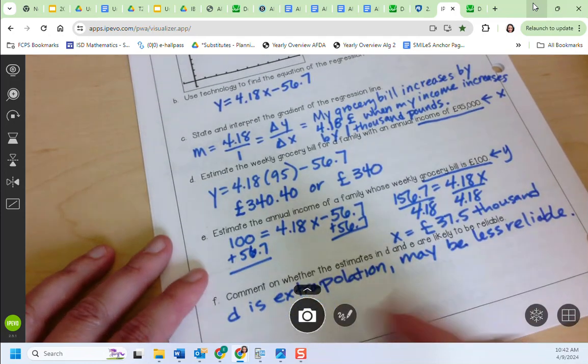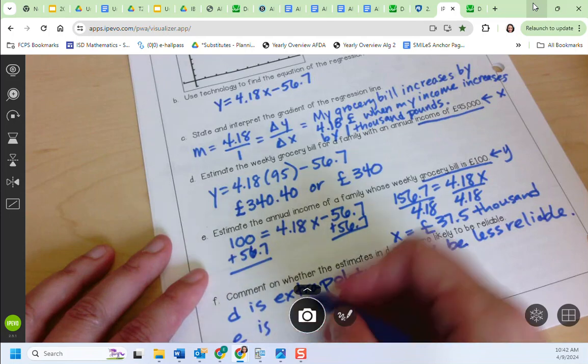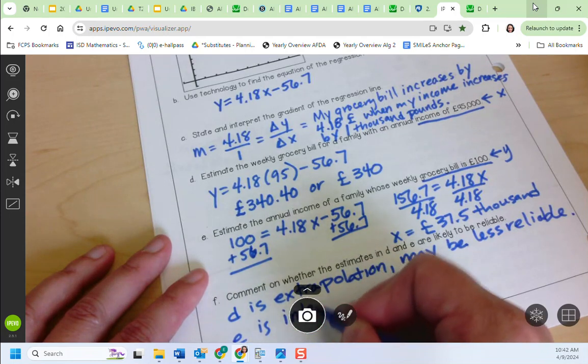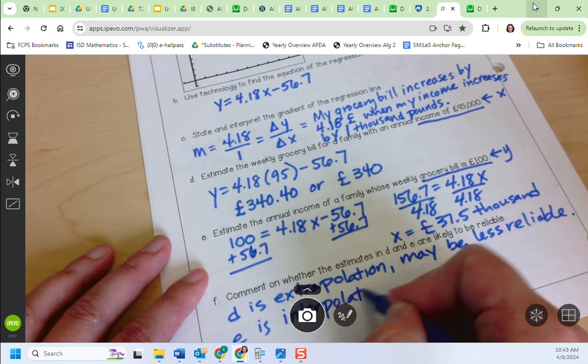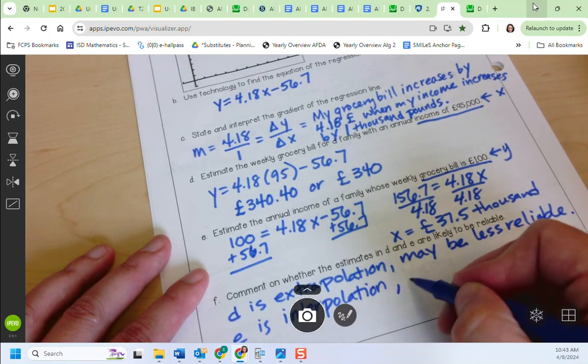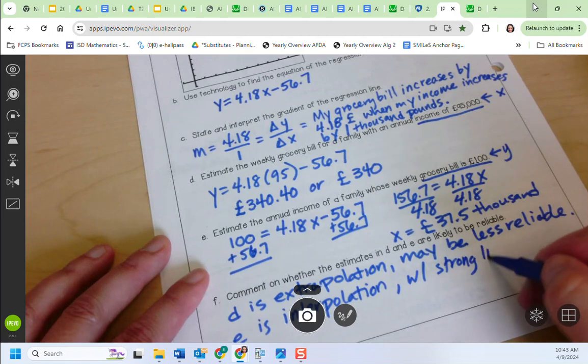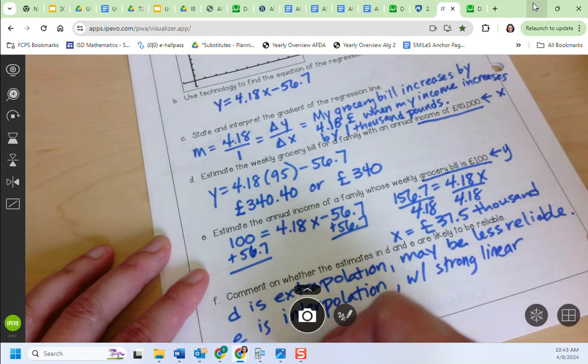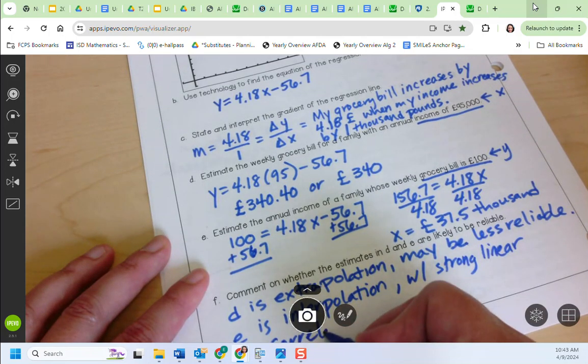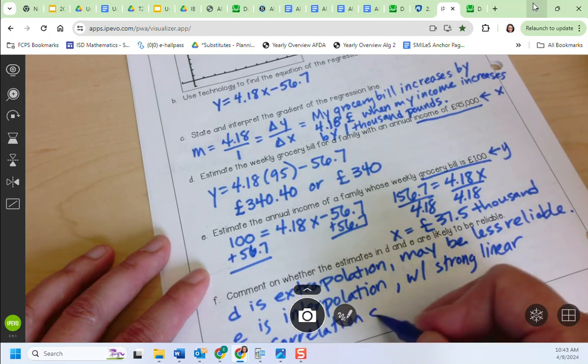All right, and E is interpolation. And we have a strong linear correlation. So this one should be reliable.